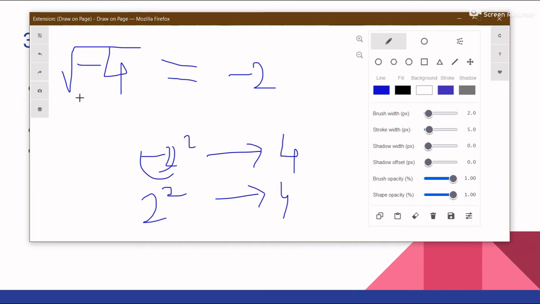So what value should be over here if it's not negative 2, to fulfill the square root of negative 4? There seems to be no real value in existence, right? We can only think of two things, negative 2 or positive 2.